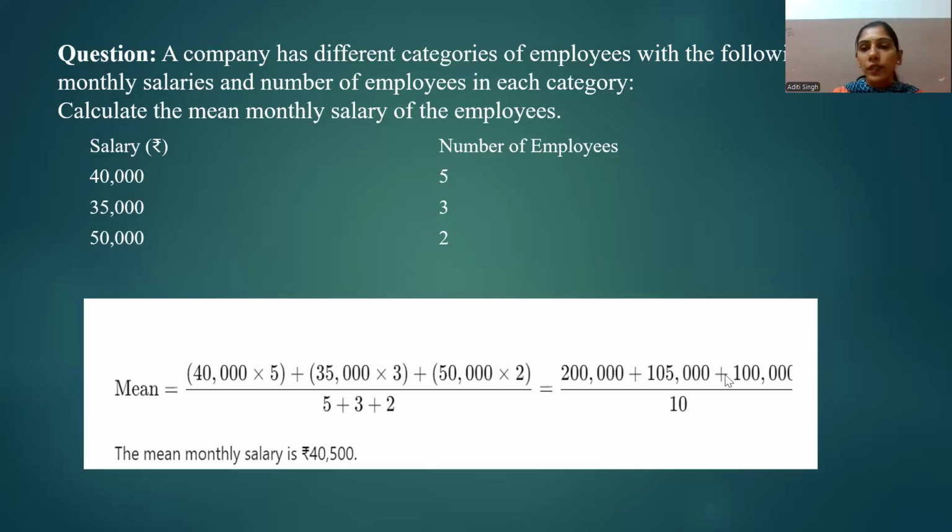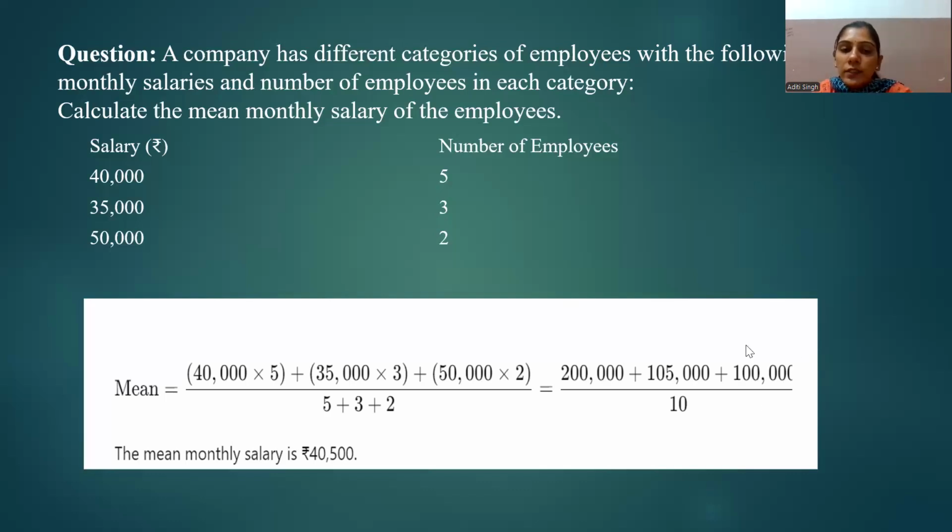So when we add all these three calculations, we will get the salary of all 10 employees. In the next step, we added all these values: 2 lakh, 1 lakh 5,000 and 1 lakh.